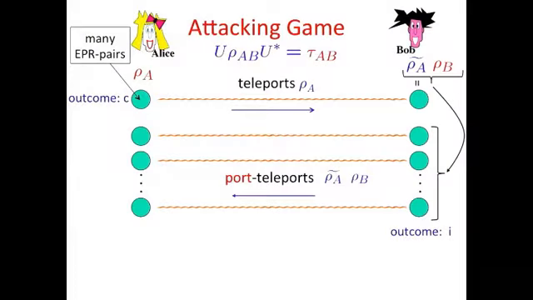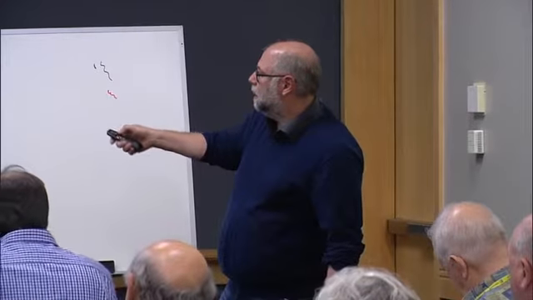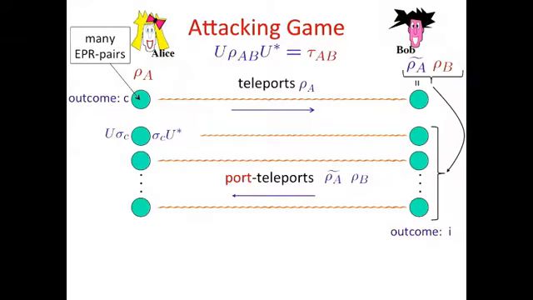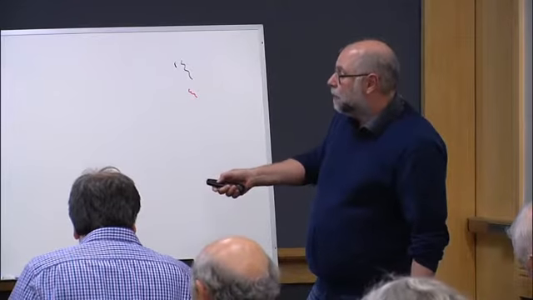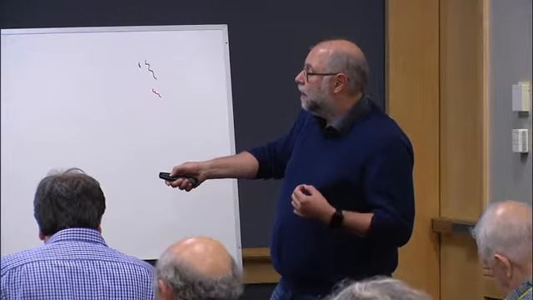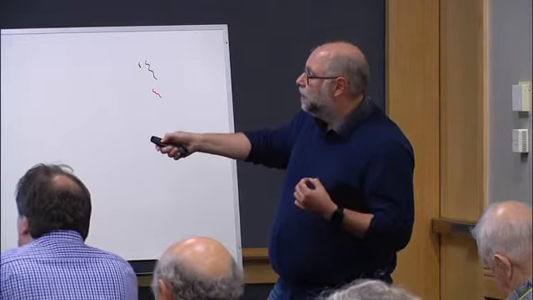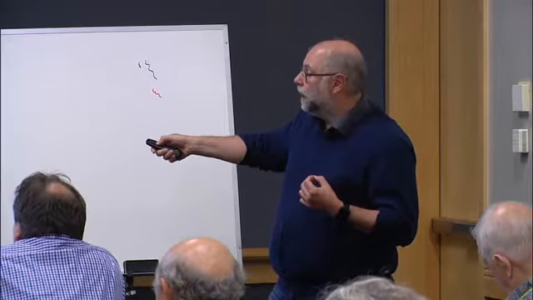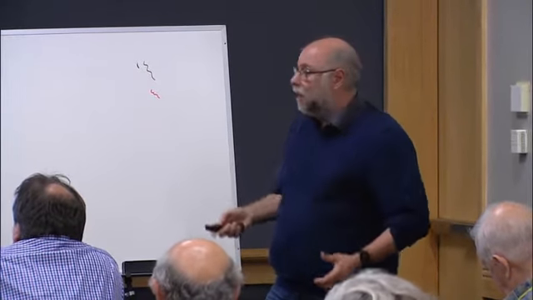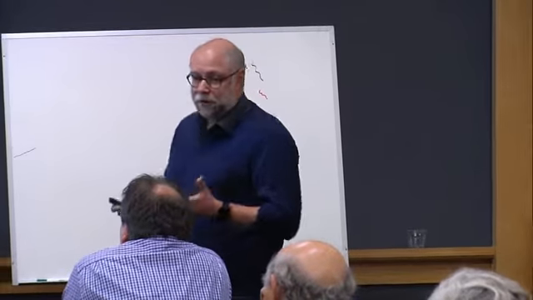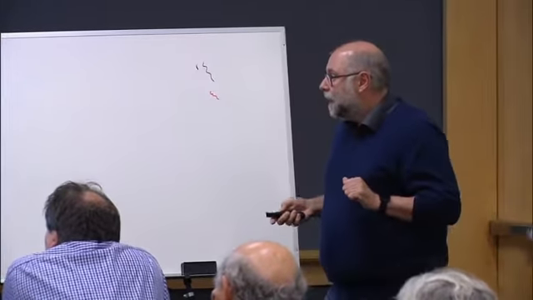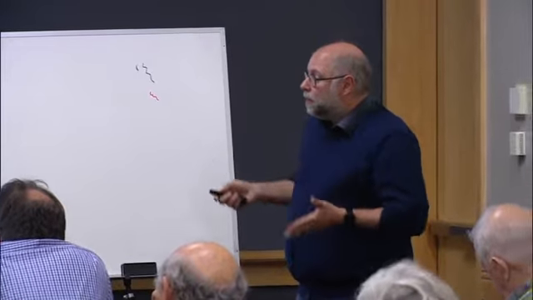And of course there's a port i, which is the true port that contains this state. Alice is unaware of which port is the right one, but she does know that there is a port, namely the ith one, where if she first undoes the error on the A part and then applies the unitary that they have to apply on the whole thing, she will get both tau A and tau B. So she does that on all of these ports, not knowing which one is the right one, and that will produce a whole bunch of tau A's and tau B's.